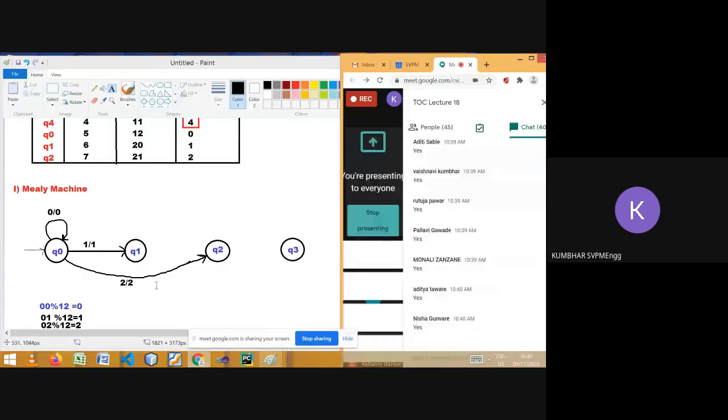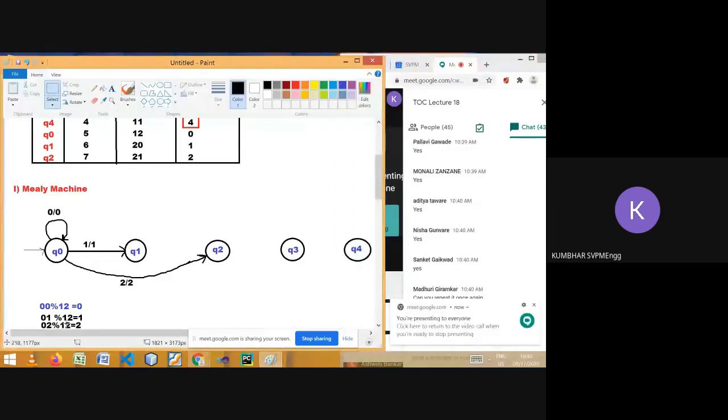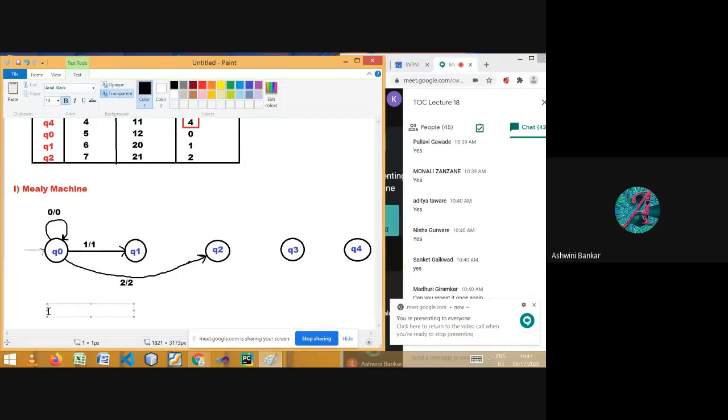Let's go for next. Similarly, now all the transitions from Q0 we completed. Let's try for transitions of Q1. Q1 means already we have 1. In this, if we read 0, then 1, 0 in ternary means which number? 3. 3 mod 5, where 1, 2 means 5, will be equal to 3.